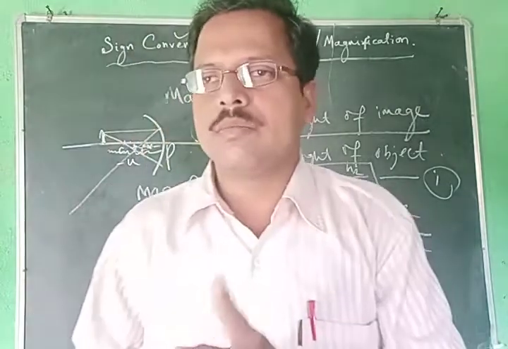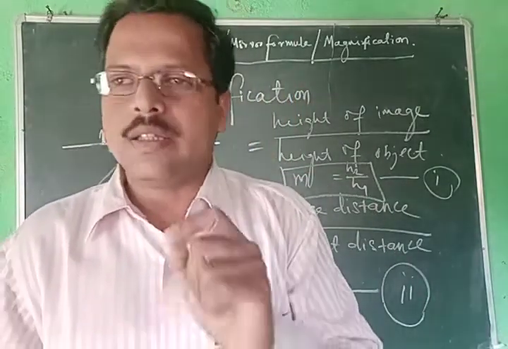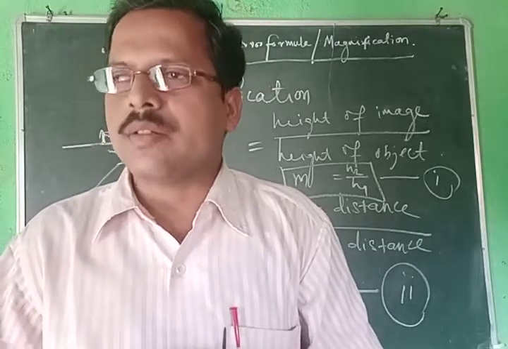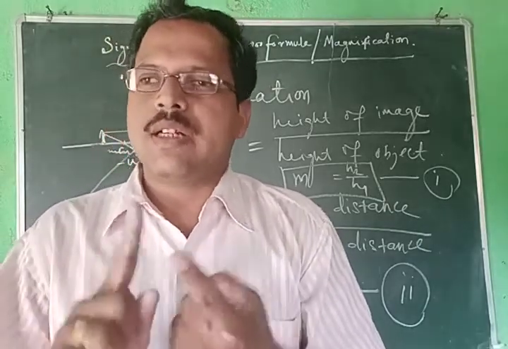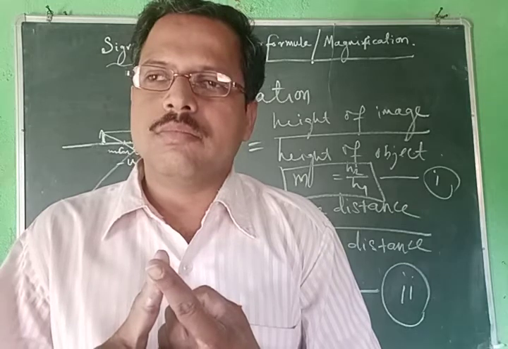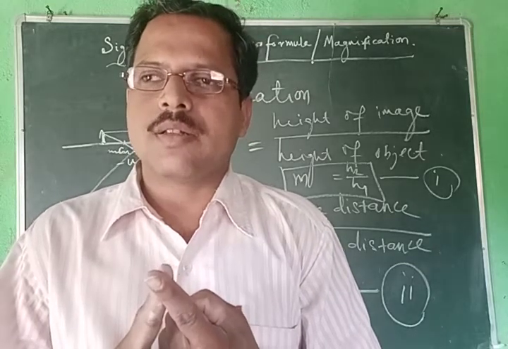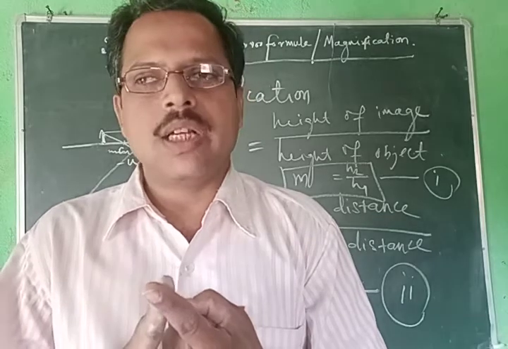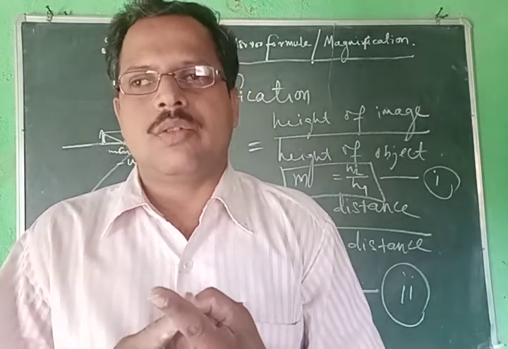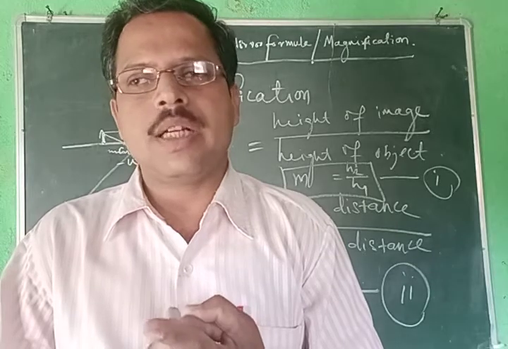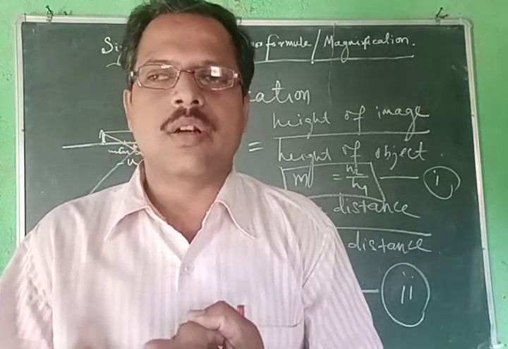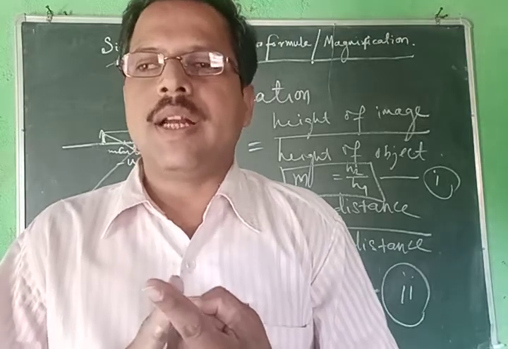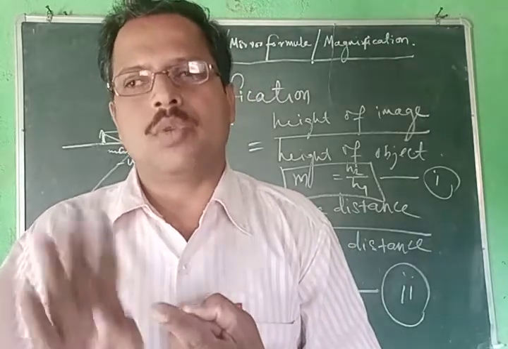Concluding this video, I will recapitulate again. The first thing, sign convention, related to measurement, and accordingly to the origin. What is the origin for a mirror, any mirror, spherical, either convex or concave? The pole. The pole is the origin here, and all measurements are done from the pole.